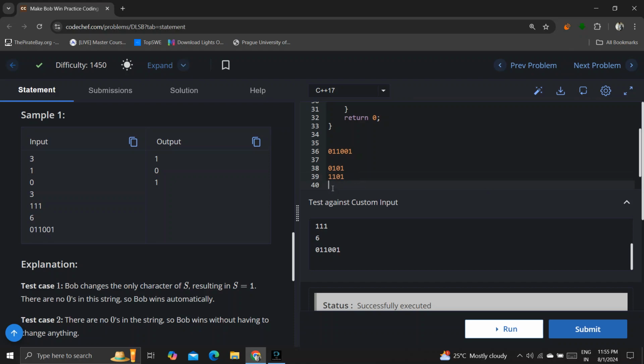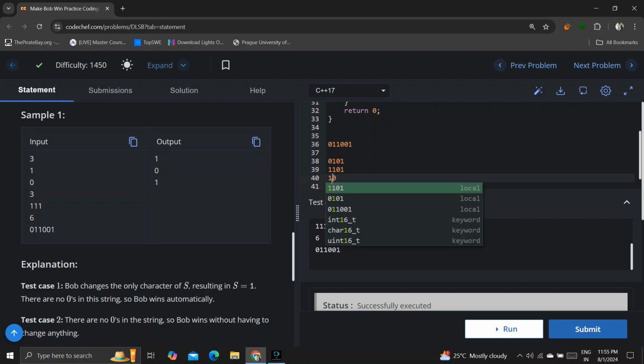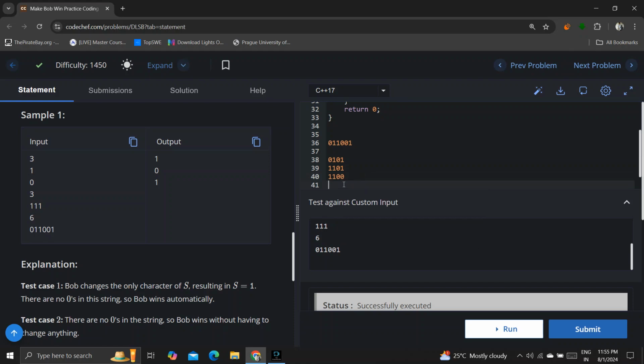Either 1 1 is at both ends, or 1 and 0 at both ends with 10 in between, or 0 at both ends with 10 in between. Now, 1 1 is contiguous, so we can write it as this, and here also 1 1 are contiguous, so we can write it as this.